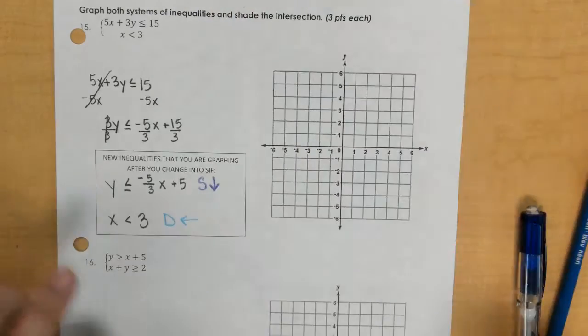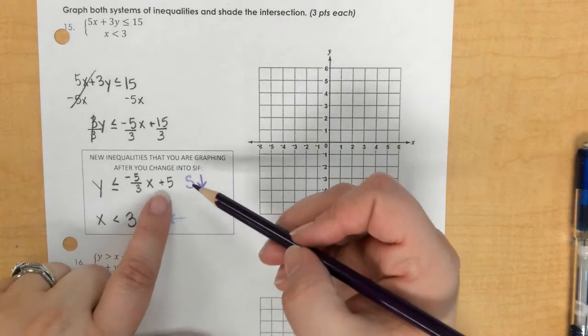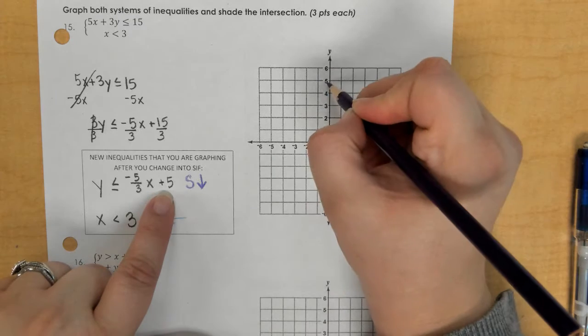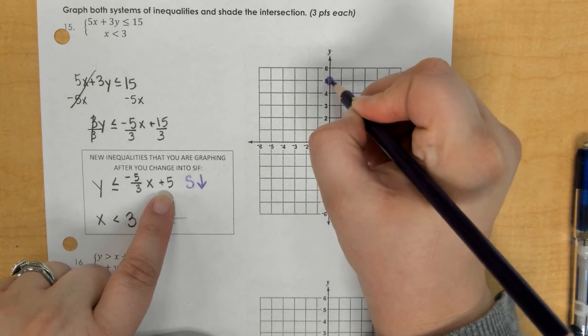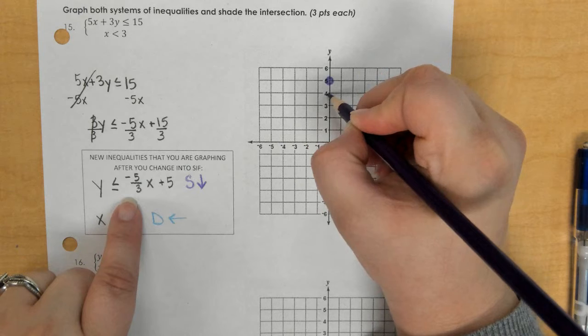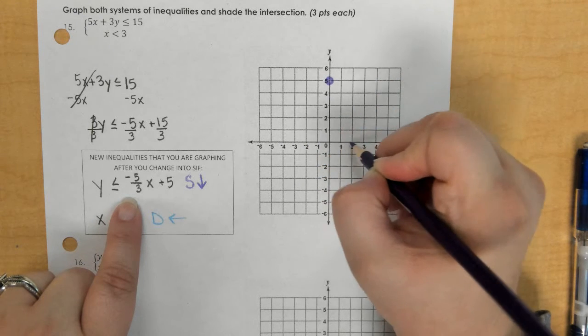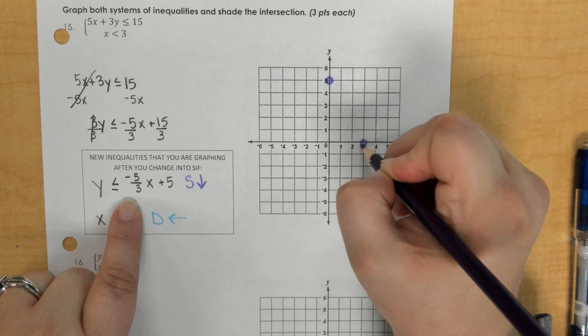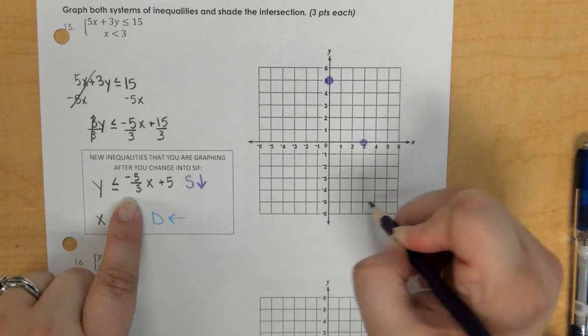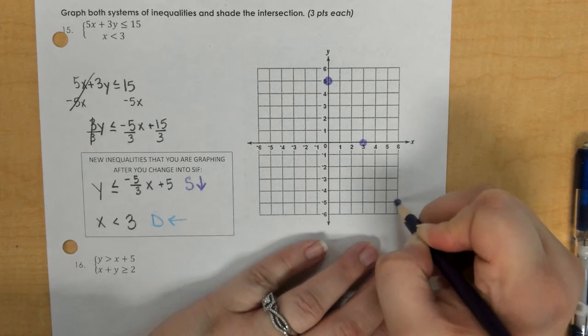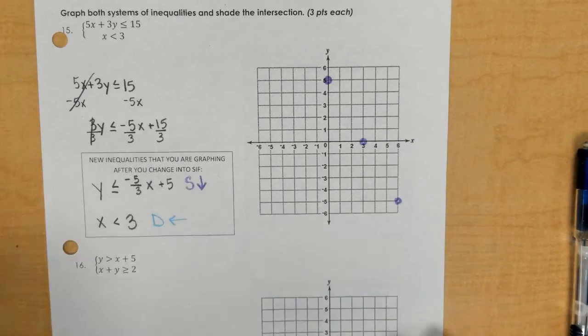So to graph the first one, I'm going to use that purple, so we're going to start at 5. And we're going to go down 5, right 3, because 3 is positive. Okay, and again, that was solid.